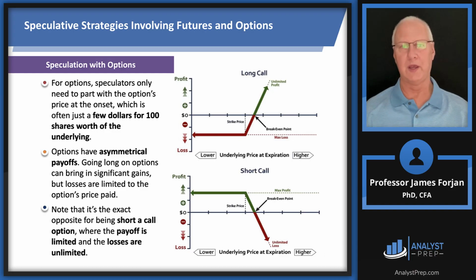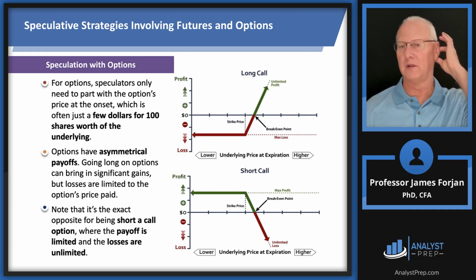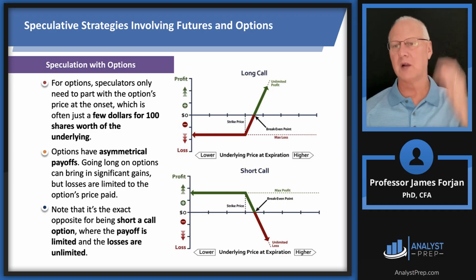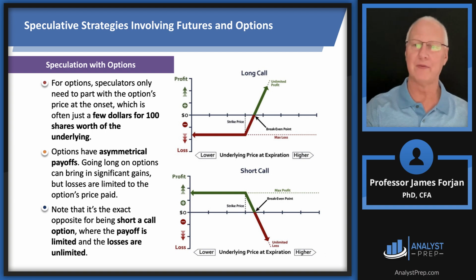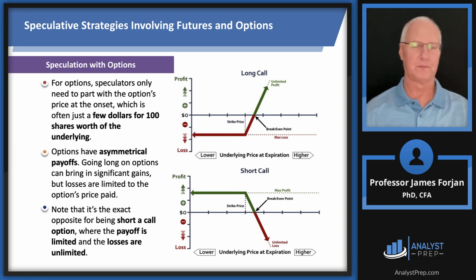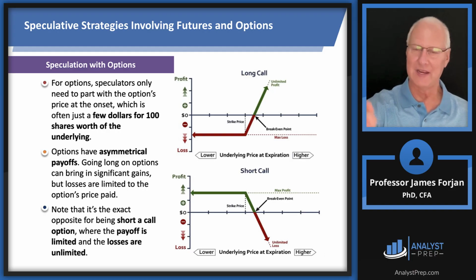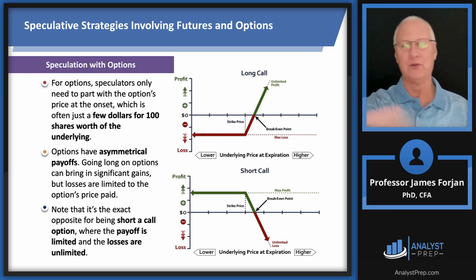So notice if we own the call option, that when the stock price, if this is an underlying share of stock, is equal to the combination of the exercise price plus the price of the call option, right? Can you see that top graph? There's the arrow, the break-even point. That's when we start winning money. If it's less than, well, we keep losing until we lose the entire premium.